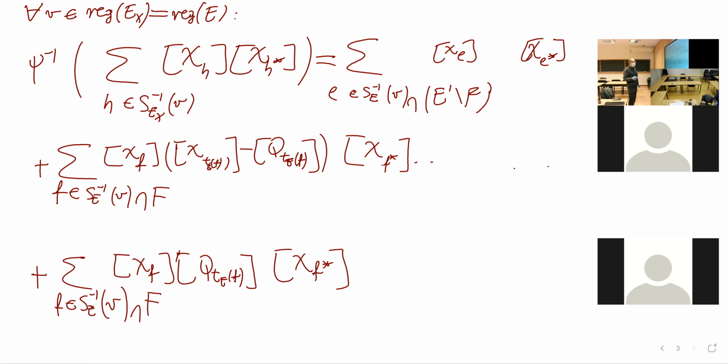And then, lo and behold, the other thing we don't have to compute because this will cancel out. You see, here I have chi F minus that class of Q TEF chi F star, and here I have chi F Q of TEF chi F star. So simply, I can say that this term and that term cancel out. And I can do it because I sum over the same set, right?